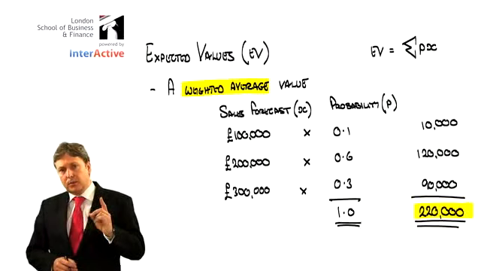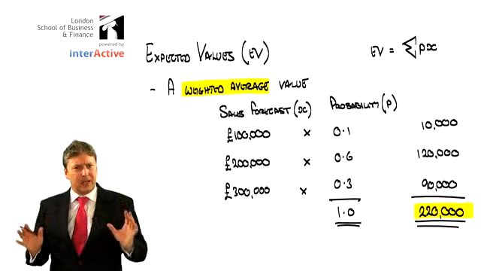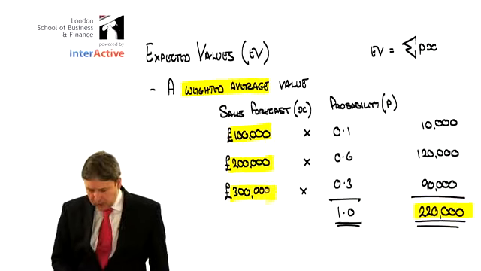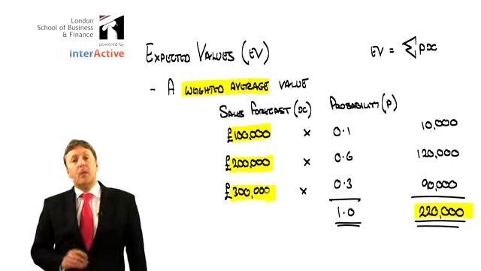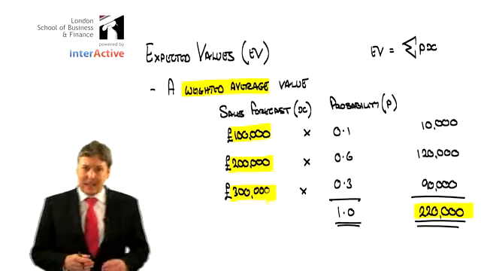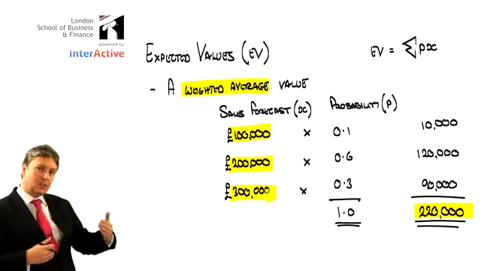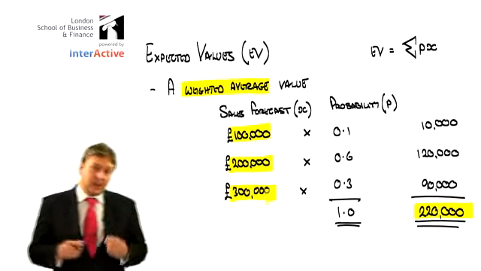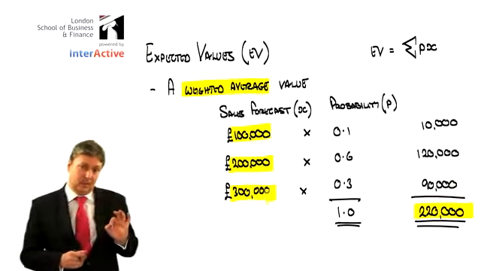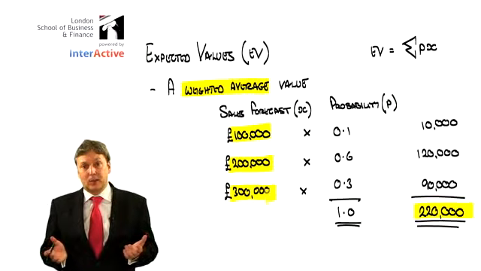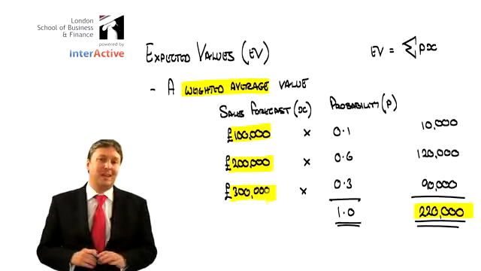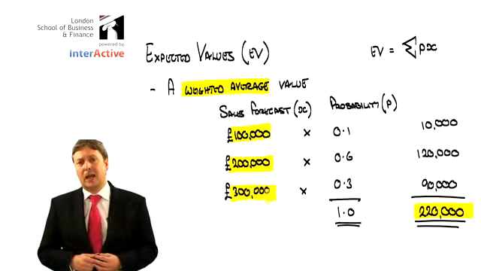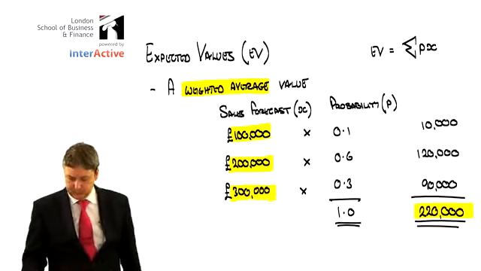If they relate to 1 month, we cannot achieve the expected value. Either the value will be 100, 200 or 300,000. Therefore, the weighted average only makes sense if there is going to be a repetitive decision or a repetitive outcome each and every month. In that circumstance, it makes sense for us to have an expected value, because on average, once we've taken the mixes of 100,000 and 200,000 and 300,000, we would expect the outcome to be 220,000.